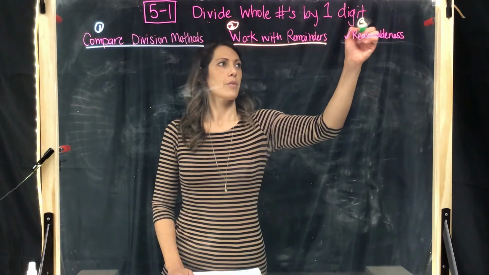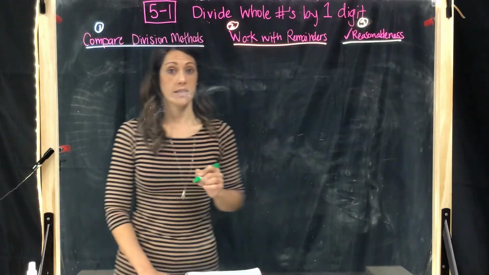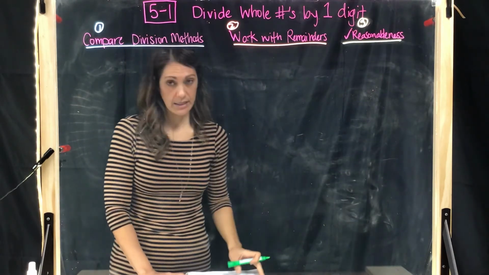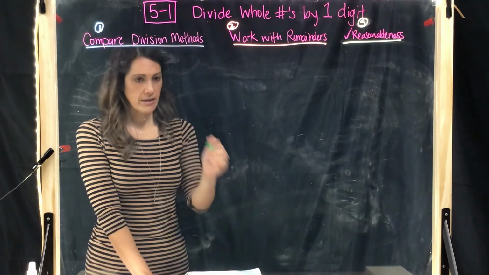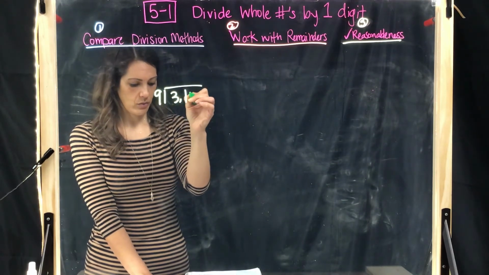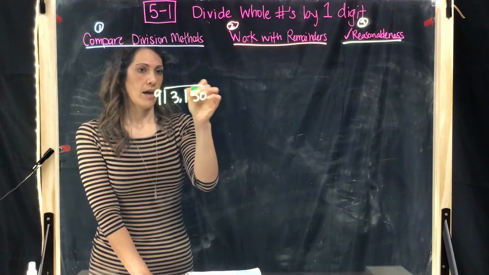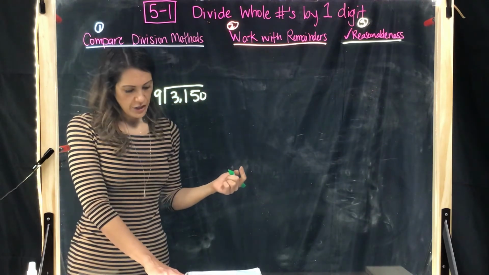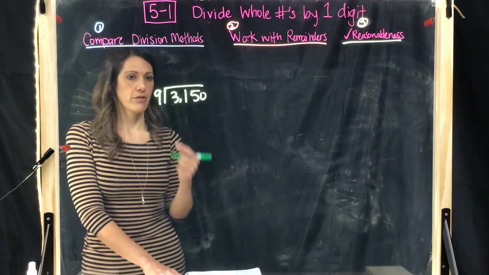The third thing we're going to do is check for reasonableness, okay? So I'm on page 166 in your fact cheetah. And the first problem is 9 divided by 3,150. On this problem, it wants us to first solve, but then check using mental math to make sure that our answer is correct.